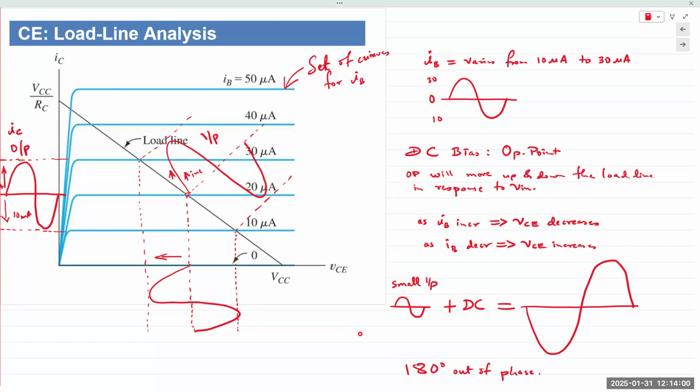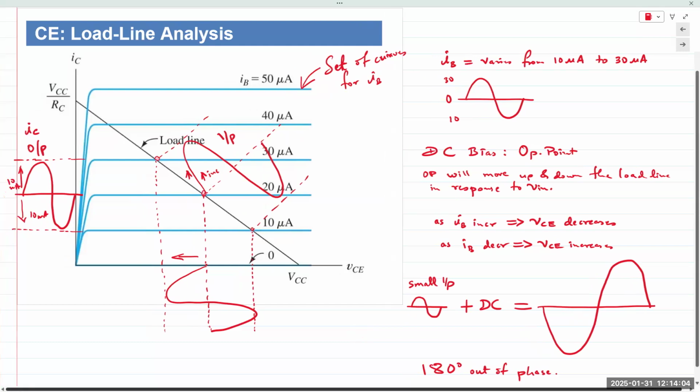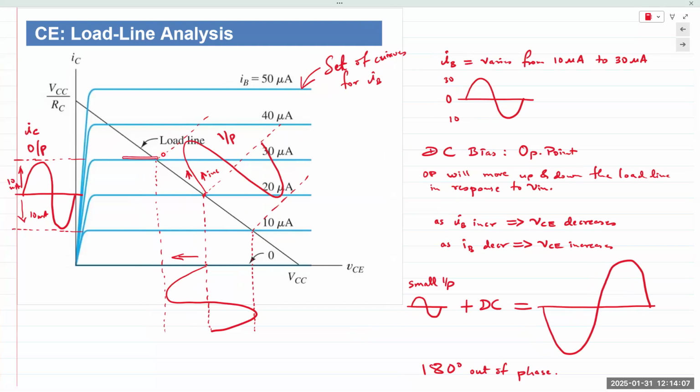If I take the intersection, which is these 3 points, and let's go to the left, and I move it to the left right here, I get my output IC, or the output collector current. IC moves in response to IB.